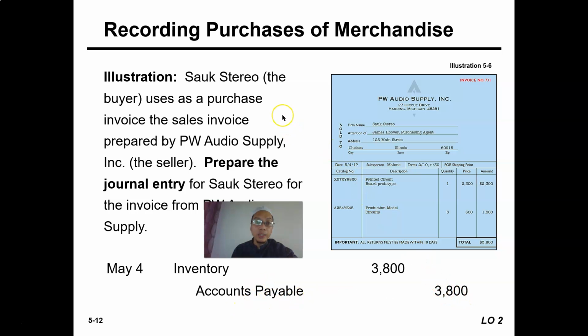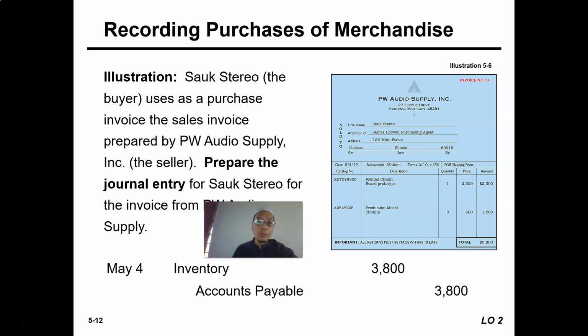In the perpetual inventory system, whenever a company purchases some inventory, they will record it as an asset. The inventory purchase is considered an asset because it will give them future benefit, since Sook Stereo will have items that they can potentially sell to gain revenue and get cash.